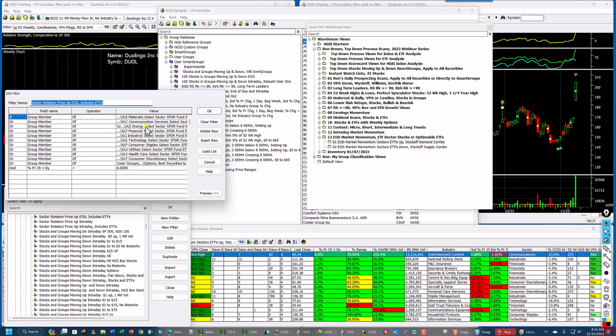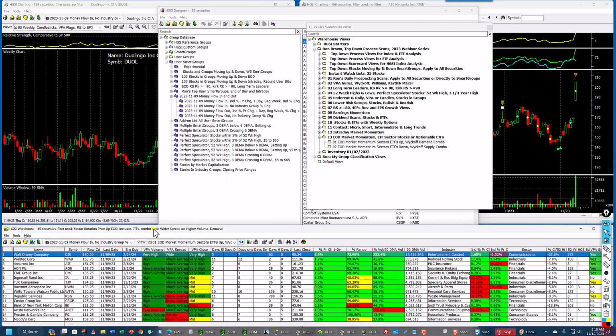So what I did is I created these groups of stocks that actually represent these sectors. Why did I do that? It's because this is where most of the market activity is for the institutions and so on. They track these stocks that are in the spider sectors.